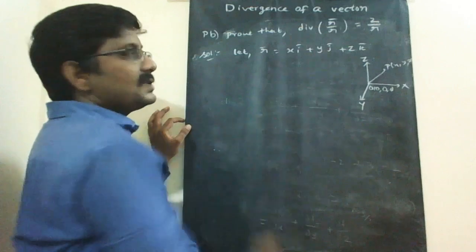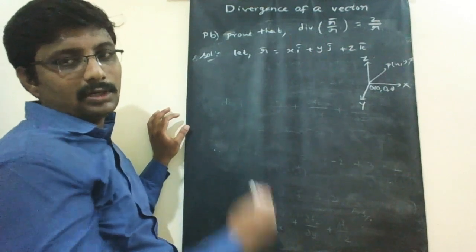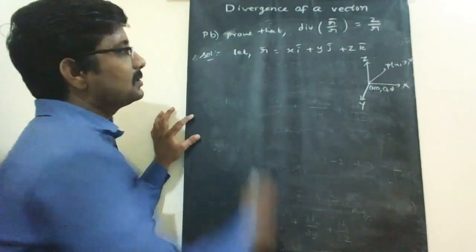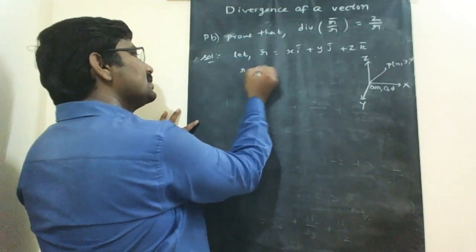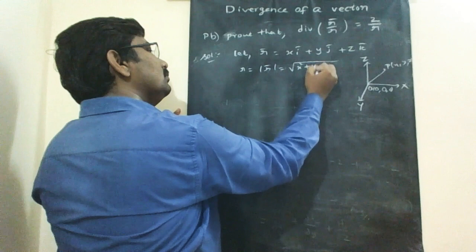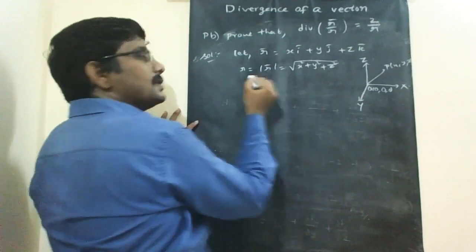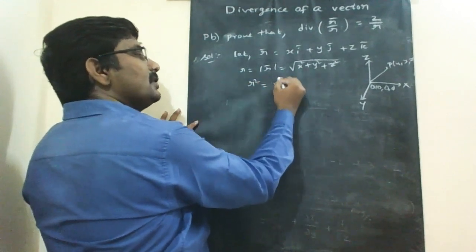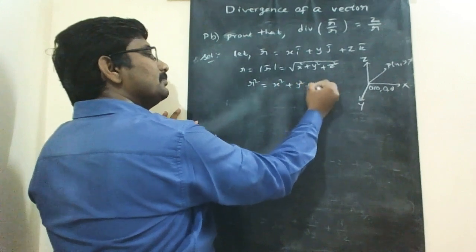To compute this expression, we have to know the following conditions. r bar is this one, and r is its magnitude. Squaring on both sides, we get r square is x square plus y square plus z square.